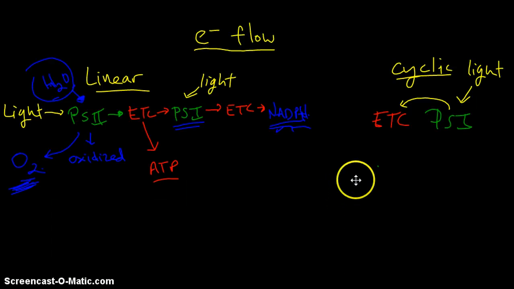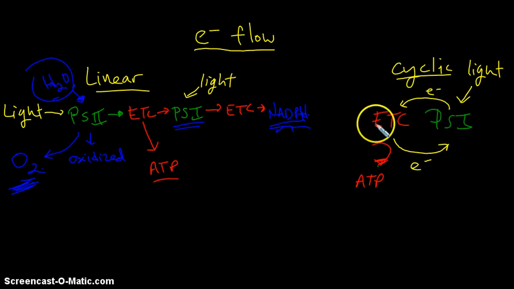That electron transport chain then goes through a process like we saw here that produces a little bit of ATP through phosphorylation and then passes those electrons back to photosystem 1. So we do have this cyclic flow of electrons where electrons get excited, pass back to carriers in the preceding electron transport chain.